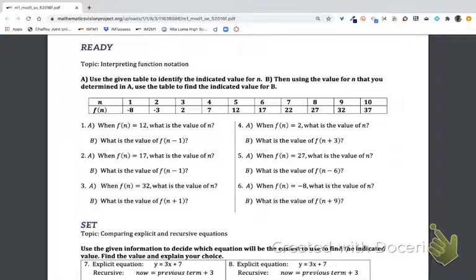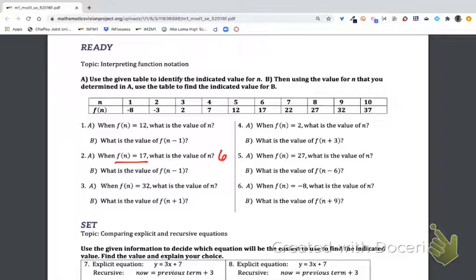So for number 2, we're looking at when f of n equals 17. For example, there are 17 dots. How many minutes are there when there are 17 dots? Well, we can look here. There are 17 dots, and this tells us there are 6 minutes. So we would write 6.